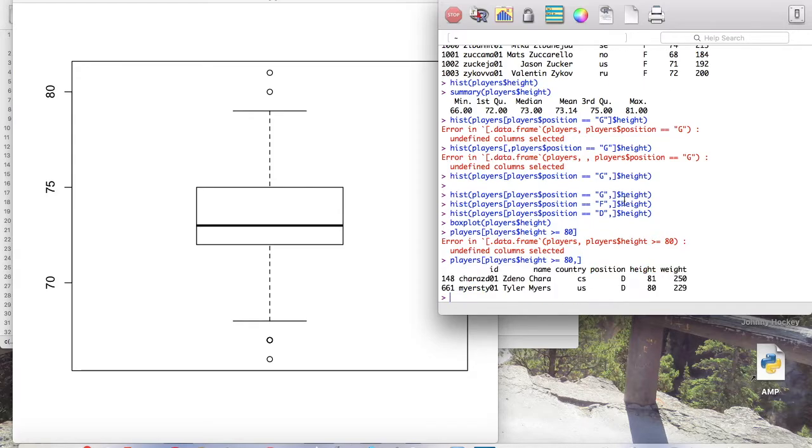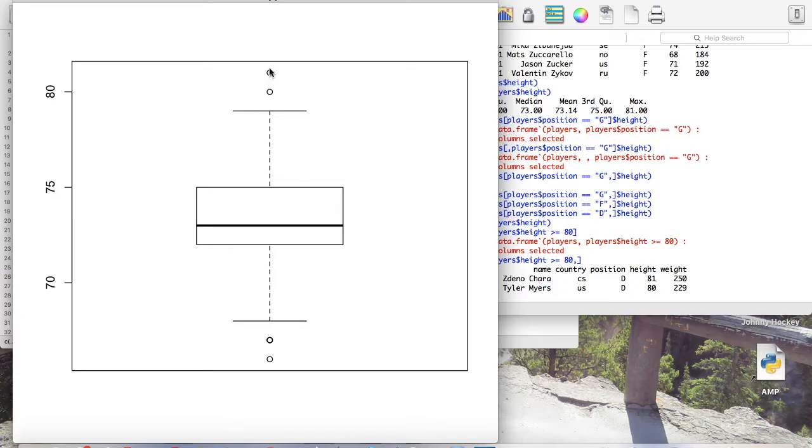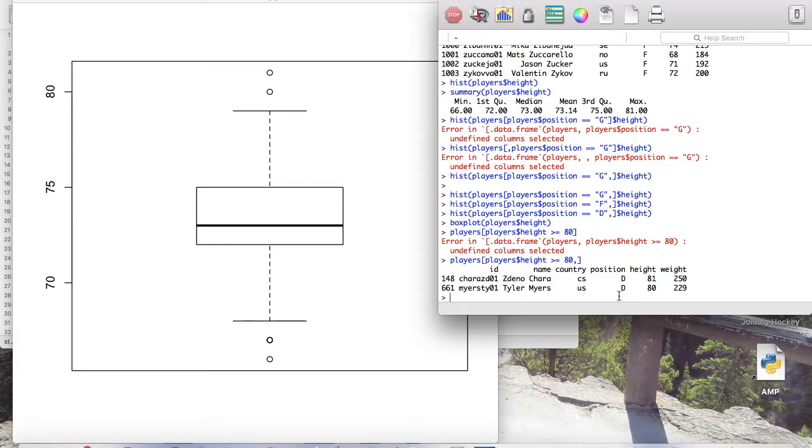And I forgot that comma there. Okay, so Tyler Myers, I guess he would be with either Winnipeg or Vancouver in that year. Tyler Myers is 6'8". Zdeno Chara is 6'9". Those are these two outlier values here because they're both freakishly tall.